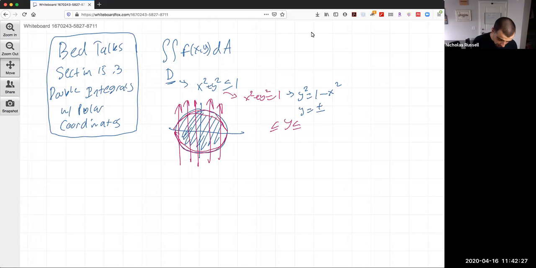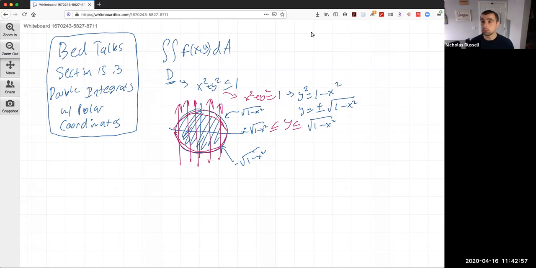I will get plus or minus the square root of 1 minus x squared. What's nice here is I can describe this pretty nicely, because I know the positive branch is the top part of the circle, and the bottom part is negative square root of 1 minus x squared. And so I can see that I'm always entering the region at y equals negative square root of 1 minus x squared, and I'm always exiting the region at the square root of 1 minus x squared.